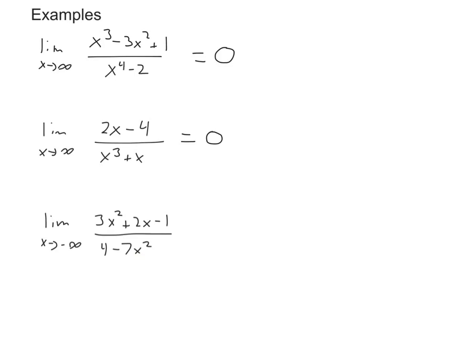So the limit is just going to be the ratio of their leading coefficients. Now, the leading coefficients are the coefficients on the highest degree term. In the numerator, my leading coefficient is 3. In the denominator, my leading coefficient is -7. So in this case, that limit is -3/7.